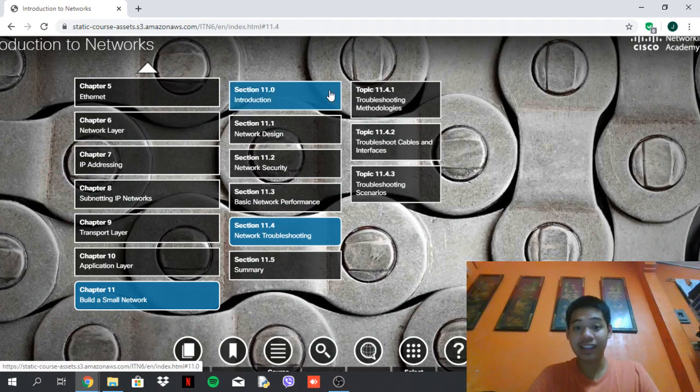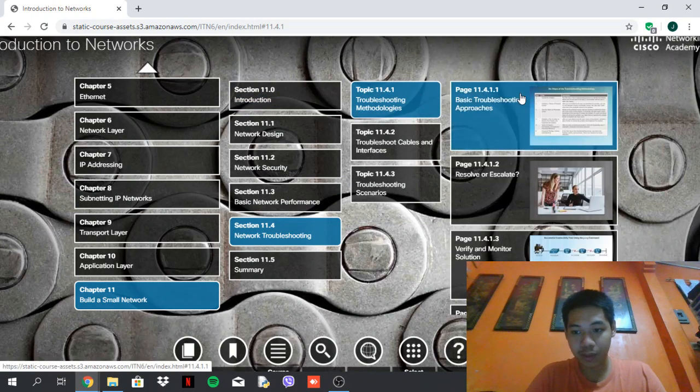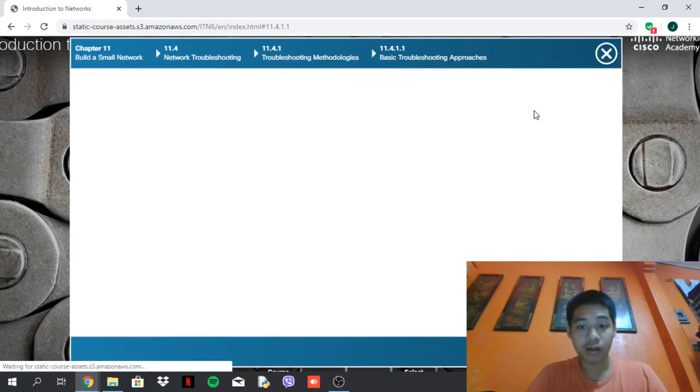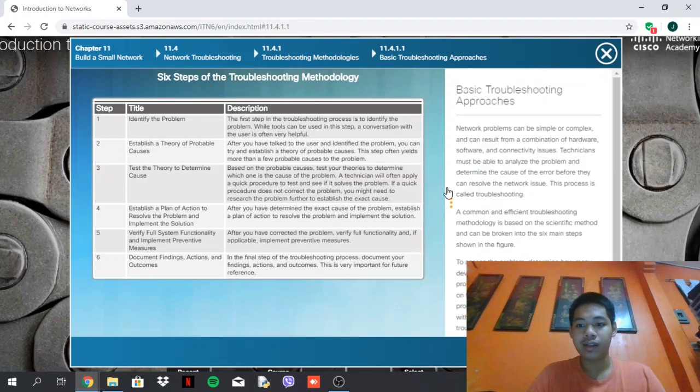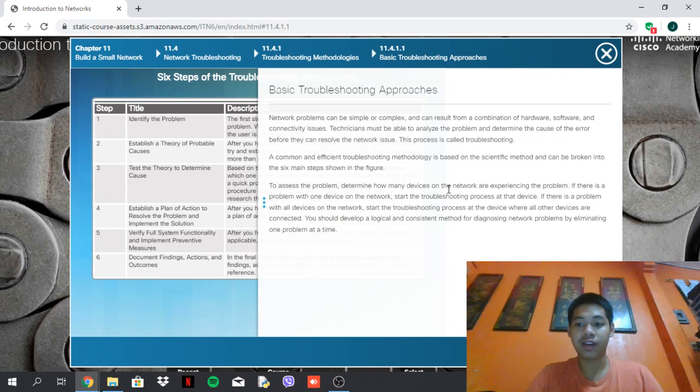Lastly, guys, troubleshooting. Troubleshooting is a skill that most network technicians must have. You must always have the simple or complex combinations on how to troubleshoot software or hardware.